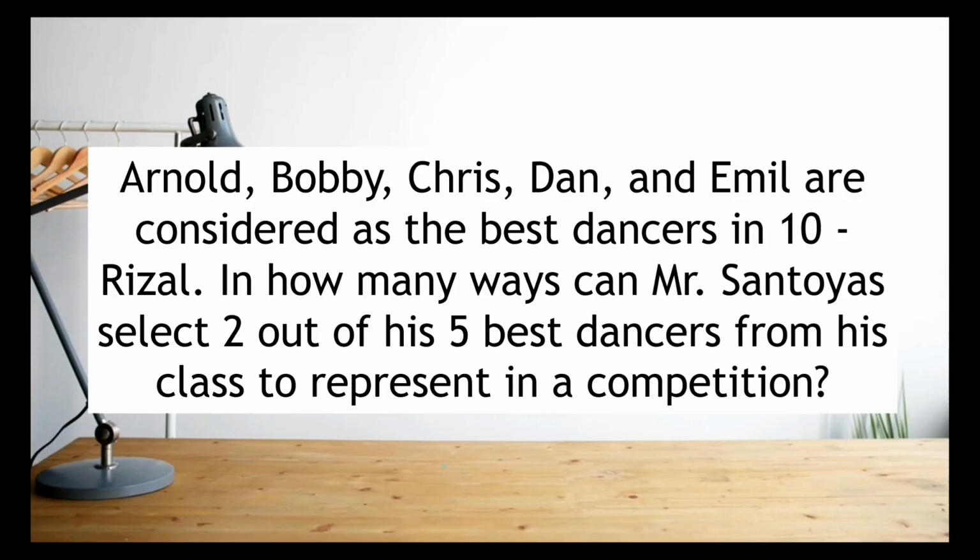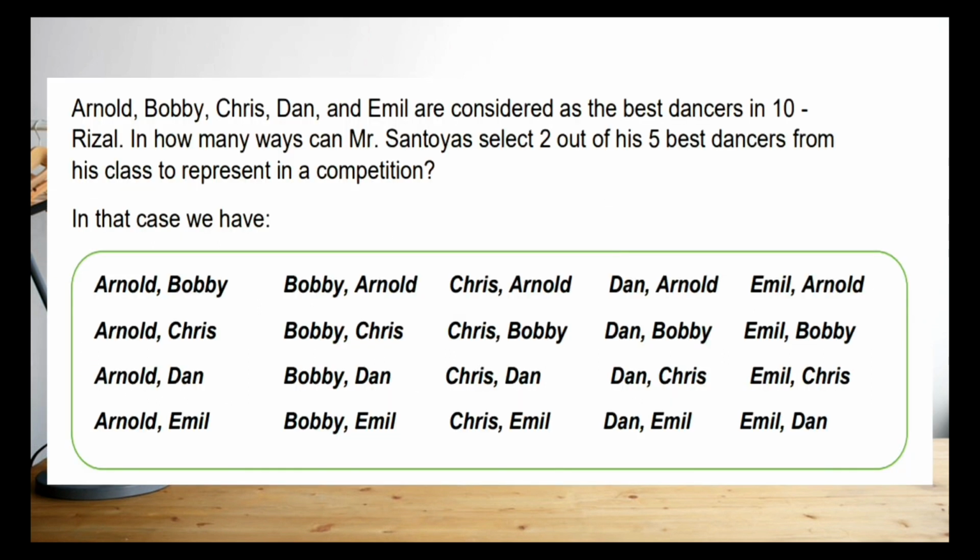So here's an example. Arnold, Bobby, Chris, Dan, and Emil are considered as the best dancers in 10 Rizal. In how many ways can Mr. Santoya select 2 out of his 5 best dancers from his class to represent in a competition? So there are 20 possible ways. Each of these 20 different possible selections is called a permutation.